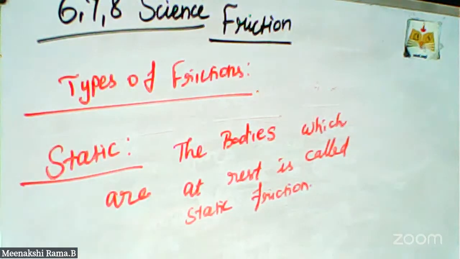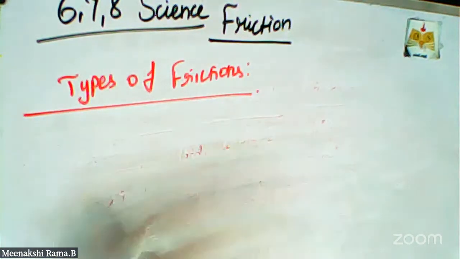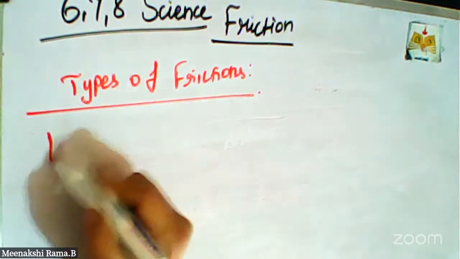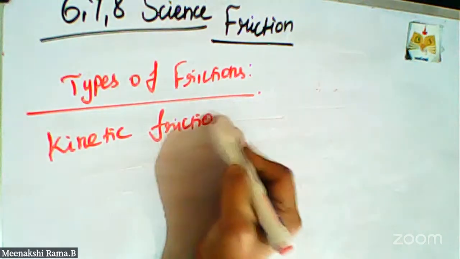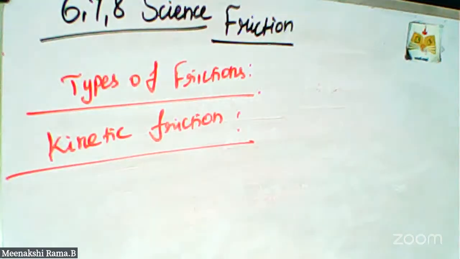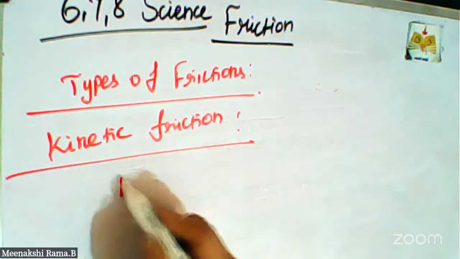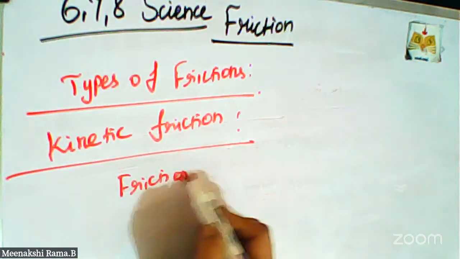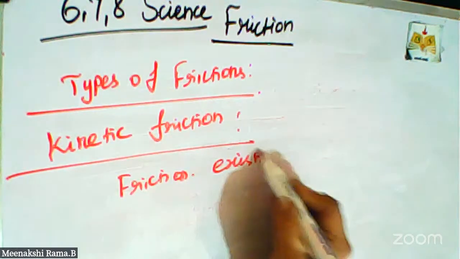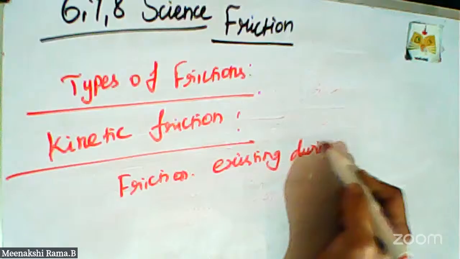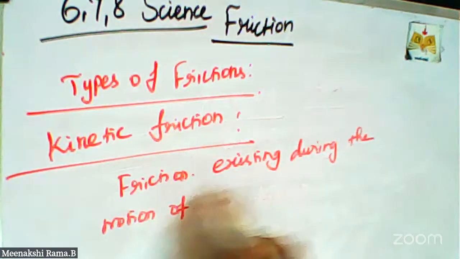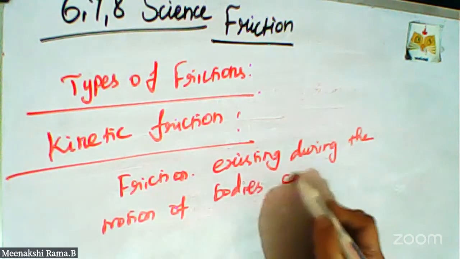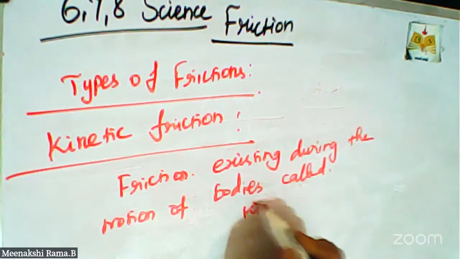Next one is kinetic friction. What is kinetic friction? Moving bodies are the examples of kinetic friction. Friction existing during the motion of bodies is called kinetic friction.